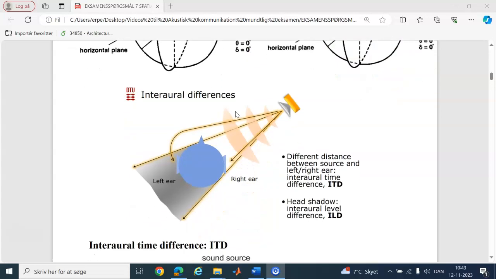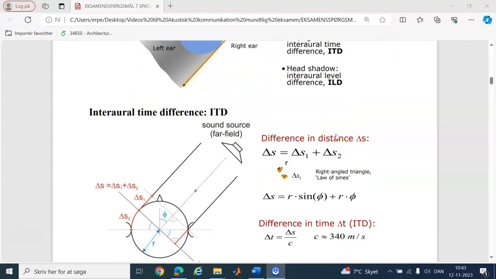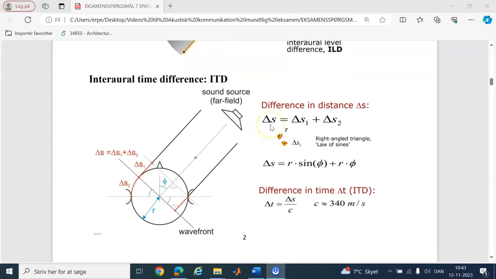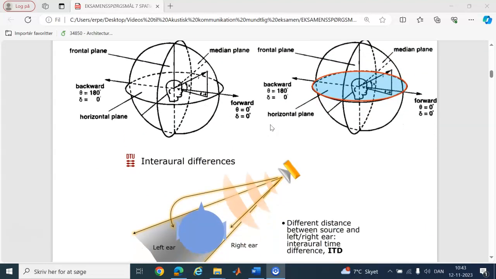Interaural differences: a different distance between the source and the left or right ear leads to an interaural time difference. There is a time difference if the sound source is not directly in front of you.